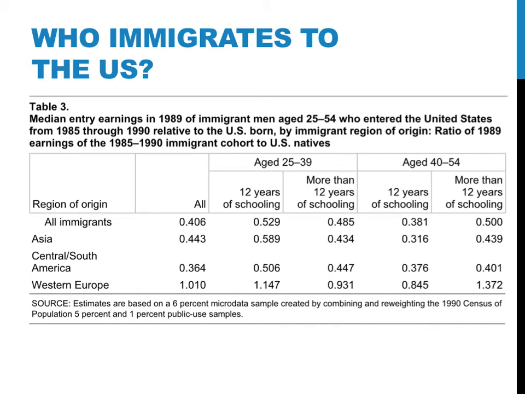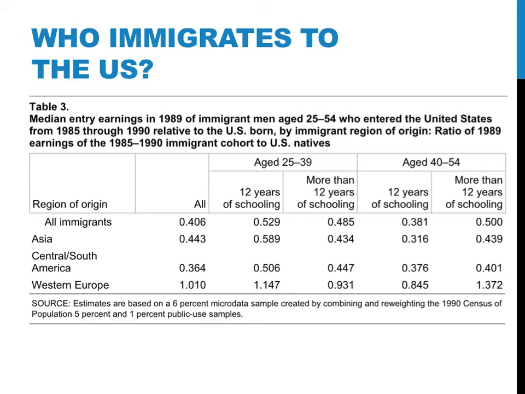So this chart shows, for a sample of immigrant men, ages 25 to 54, separated into age groups 25 to 39 and 40 to 54, the ratio of median earnings in 1989 to median earnings of U.S. natives.